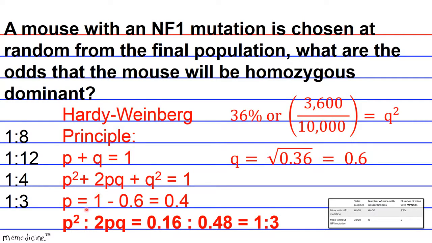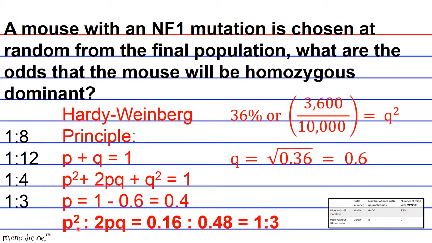We want to know what are the odds that mouse will be heterozygous dominant. So when we ask what the odds of something happening is, we represent that first, and then out of, as opposed to, the odds of it not happening. Okay, so the odds of it happening is going to be p squared, or homozygous dominant, as opposed to being heterozygous dominant.